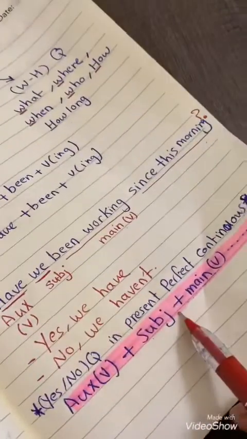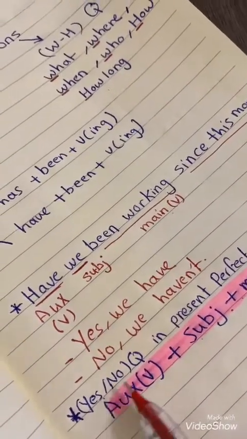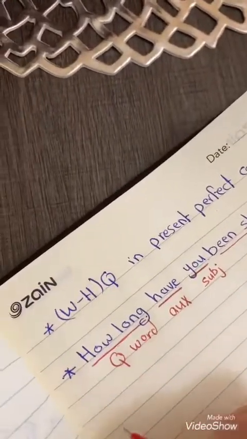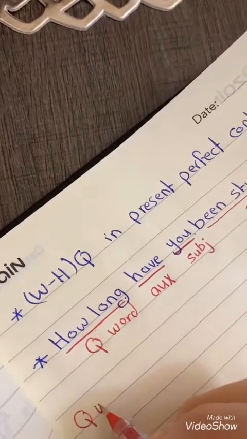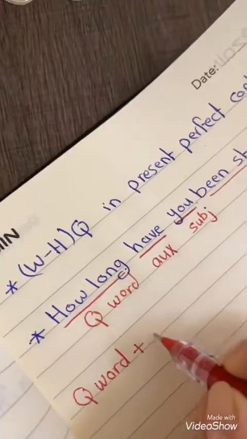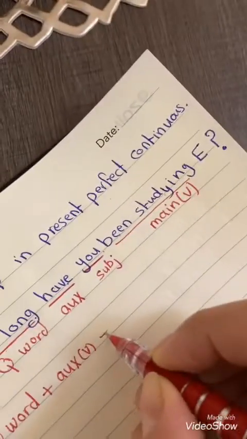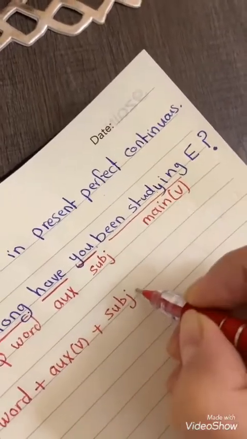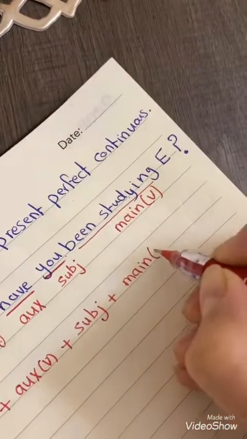Let's do it like this. The rule. Here we write the rule of the yes or no question. Now, what is the rule of the WH questions? Number 1, we start with the question word plus the auxiliary verb plus a subject plus a main verb.